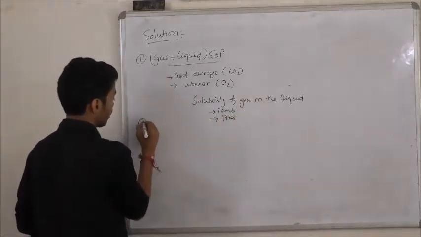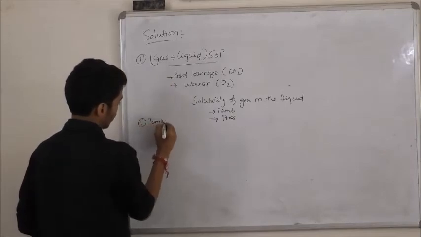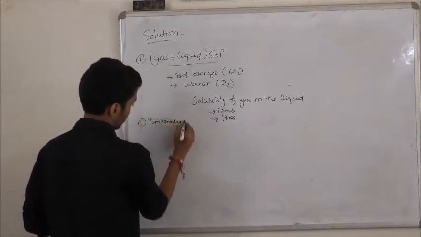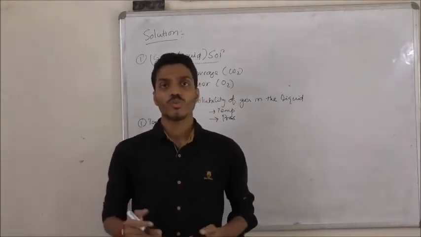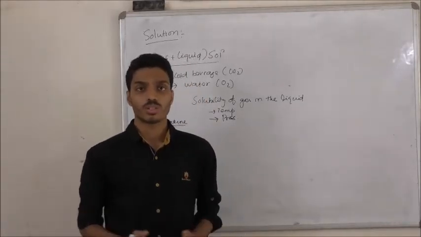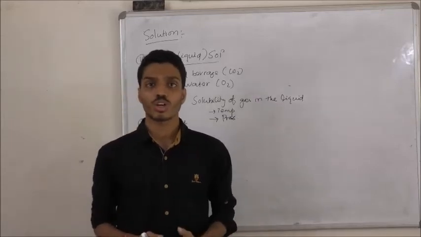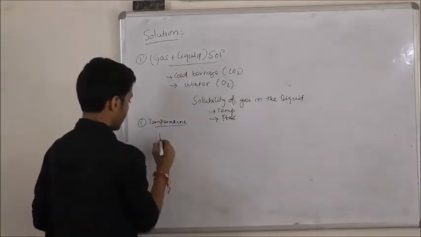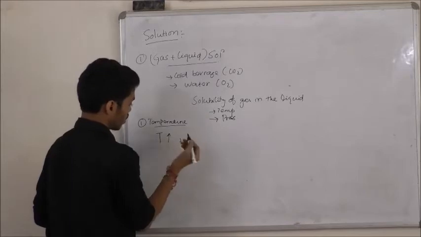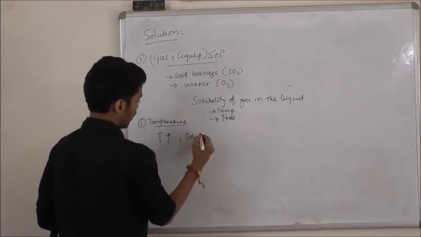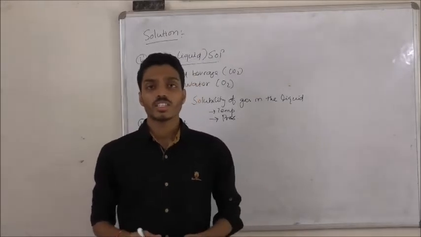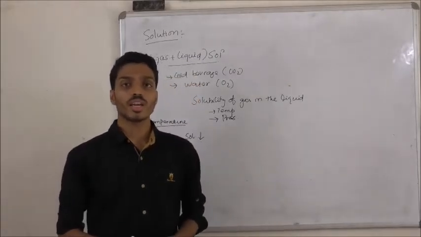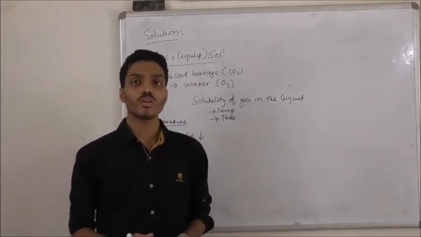First let's see temperature. What happens when we increase the temperature? Solubility decreases because dissolution is an exothermic process. As an example, you must have seen air bubbles coming out of water when we boil it.